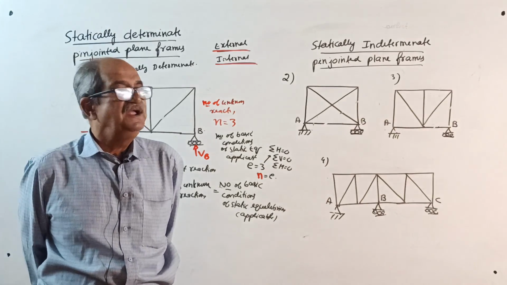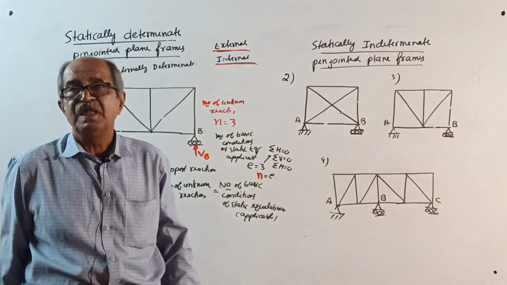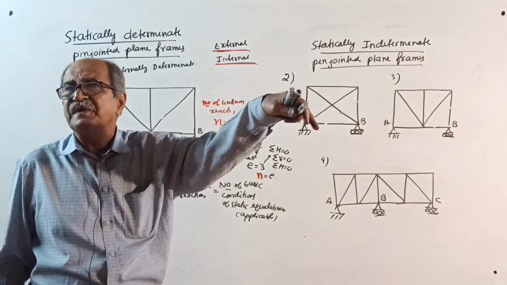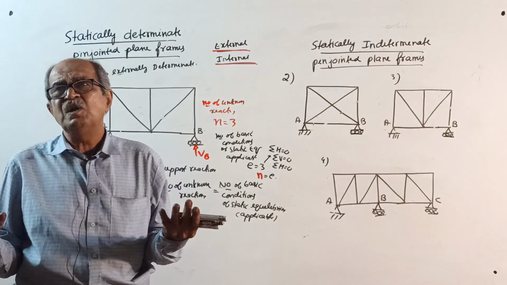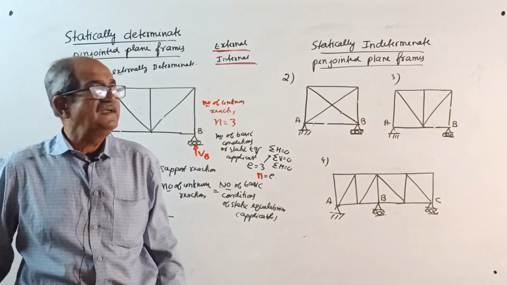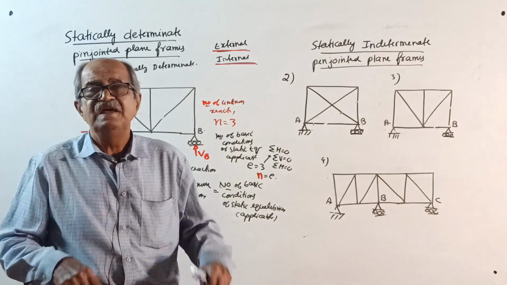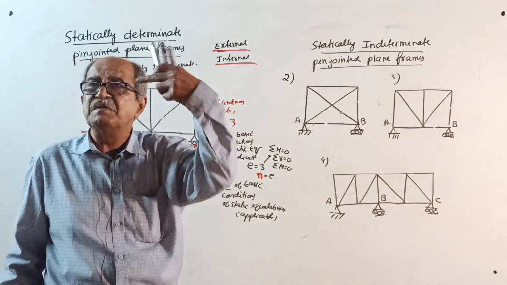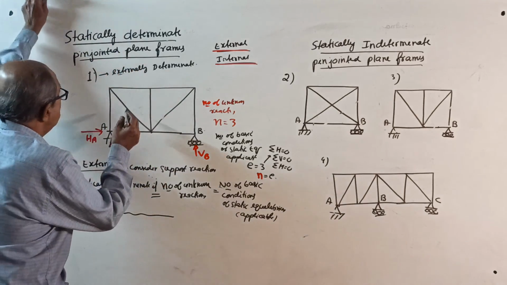Remember, if it is a perfect frame, it is determinate. If it is an imperfect frame and a shortage is there, we are not bothered about it, it is unstable. If excess members are there, that many excess numbers is the indeterminacy. Remember that much.